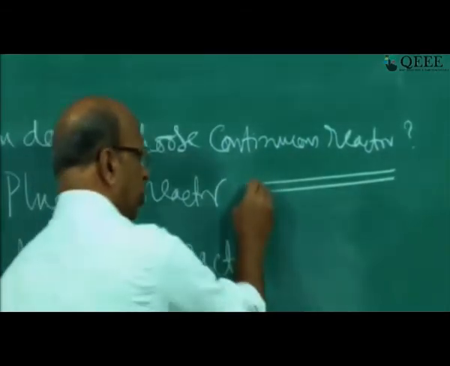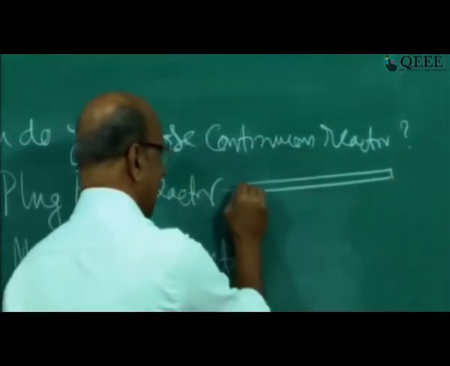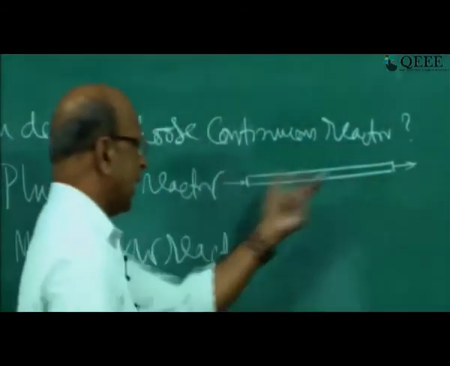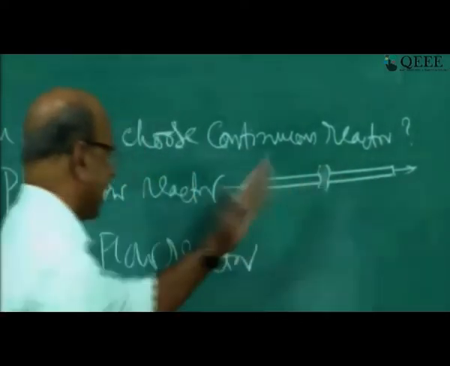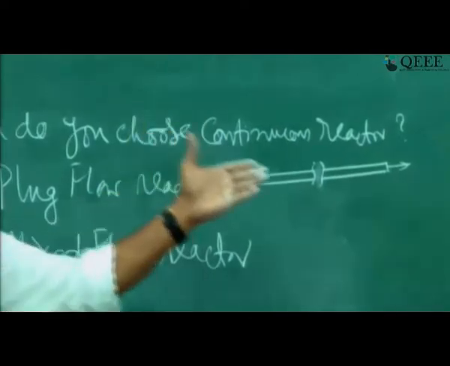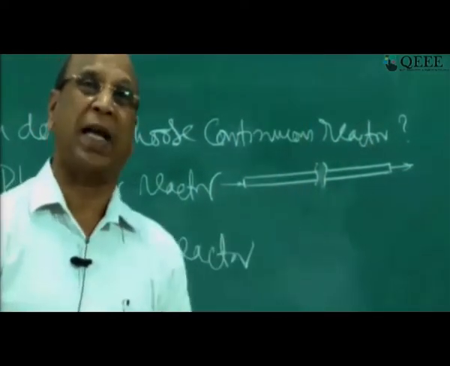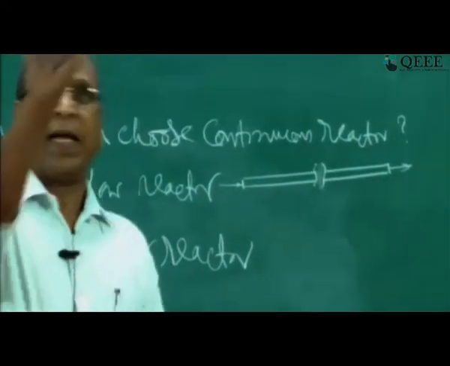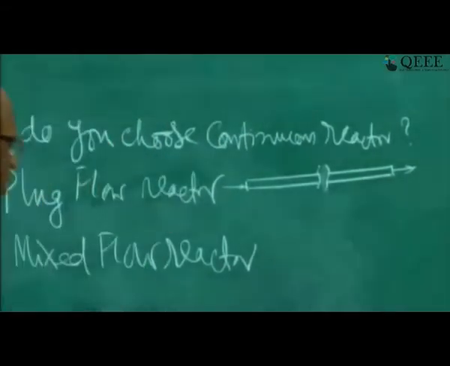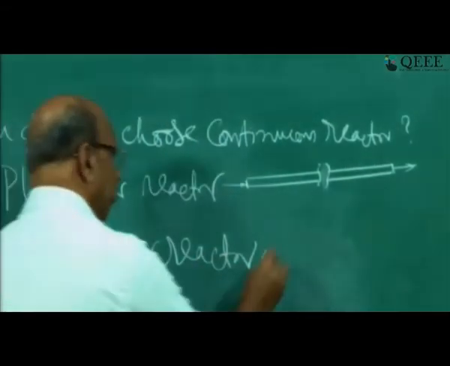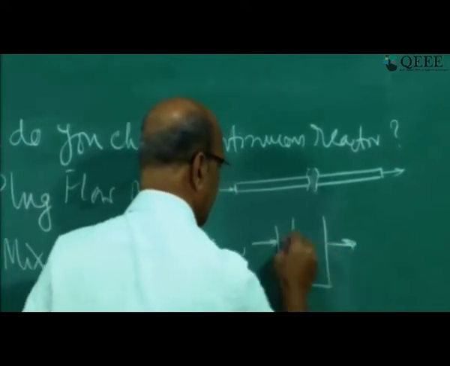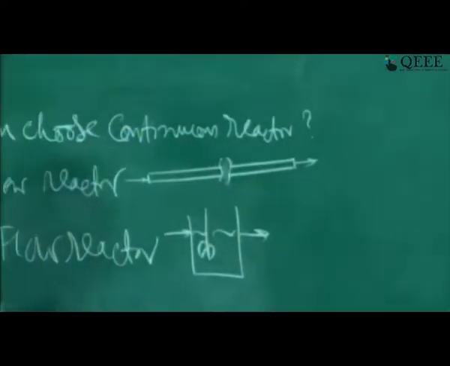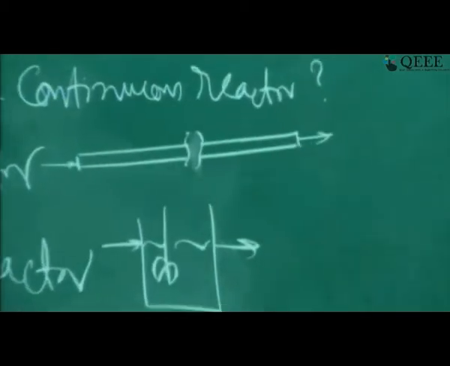We take a small tube, with material continuously entering and continuously leaving. It can be very lengthy also. That's why I am just showing the cut section there. I told you yesterday, it can be even 1 kilometer in length, but that 1 kilometer length is adjusted like this. Okay, good. And the mixed flow reactor is a tank reactor.